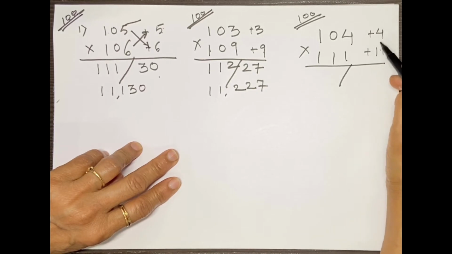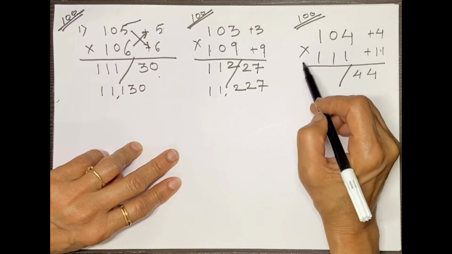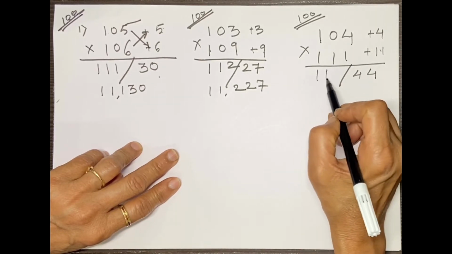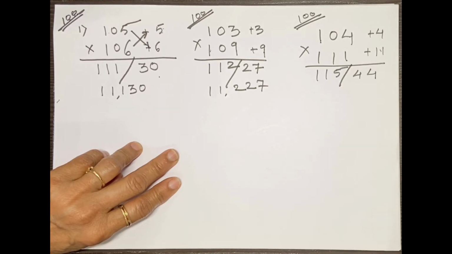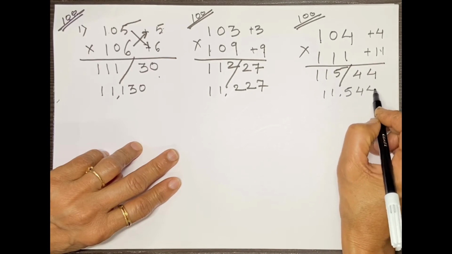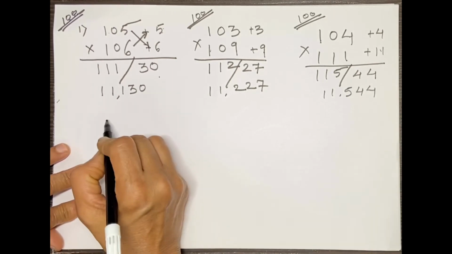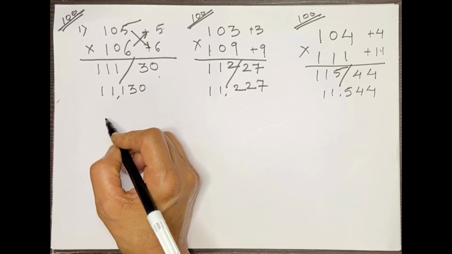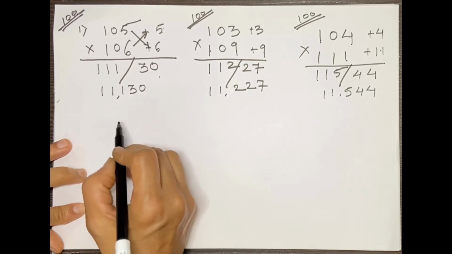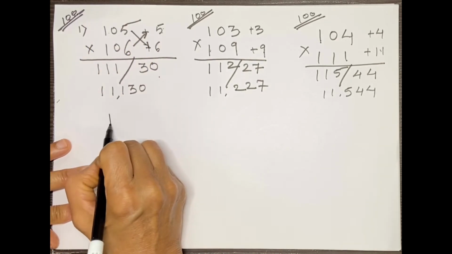Right hand side, multiplication of these two, 11 fours are 44, and left hand side 104 plus 11, 115. So, the answer is 11,544.